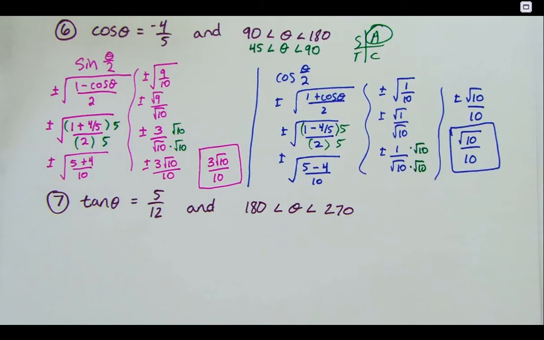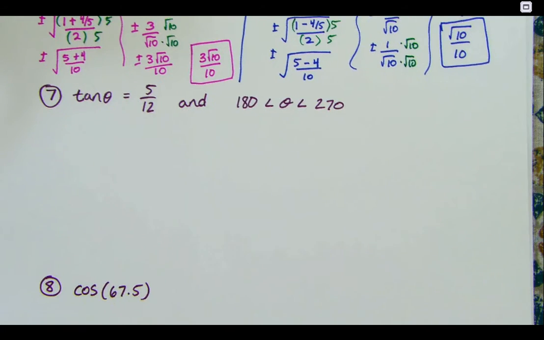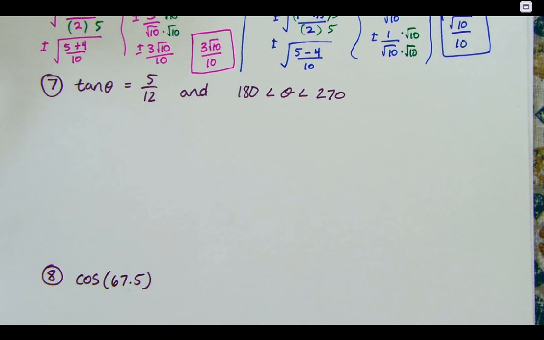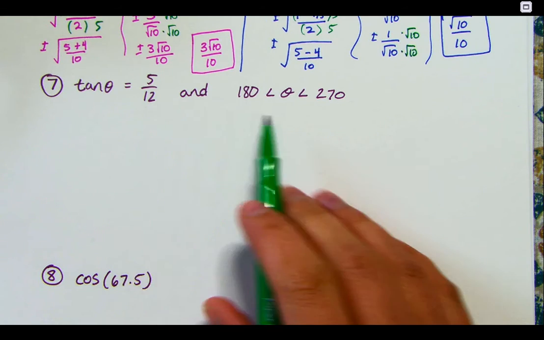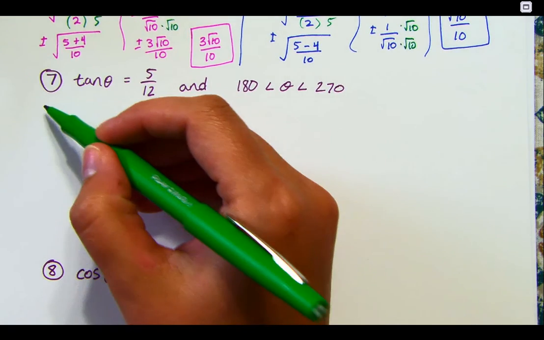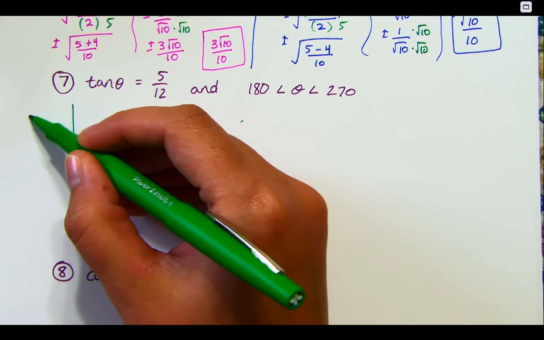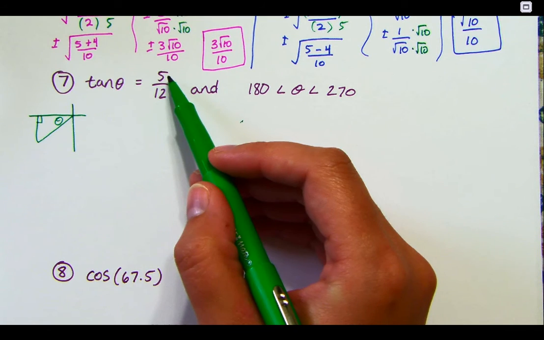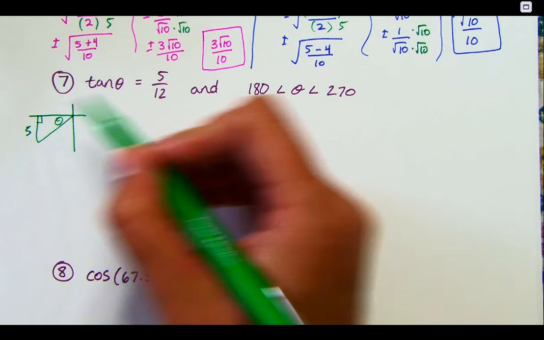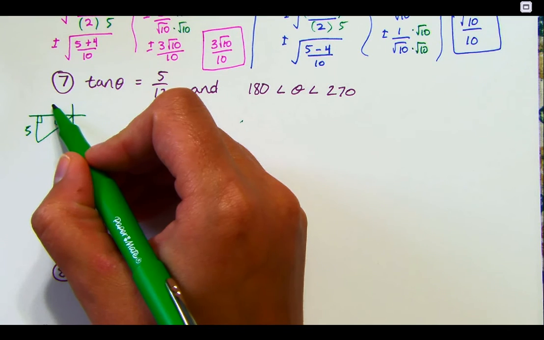All right, next example, we are given tangent, which means for this problem, we do need to make that triangle to find the missing side. And this is going to be in quadrant 3. So for tangent, we have the opposite side over the adjacent side.